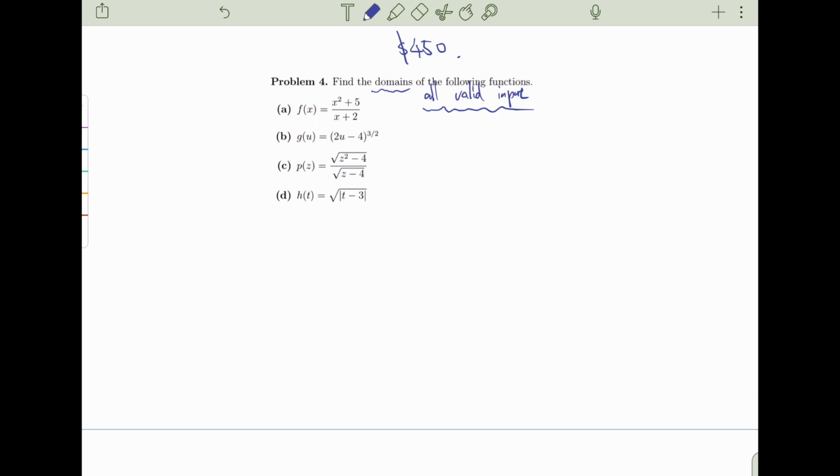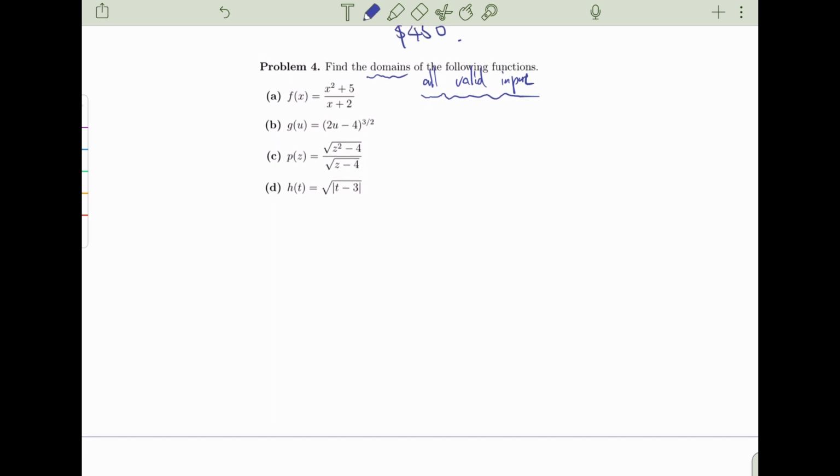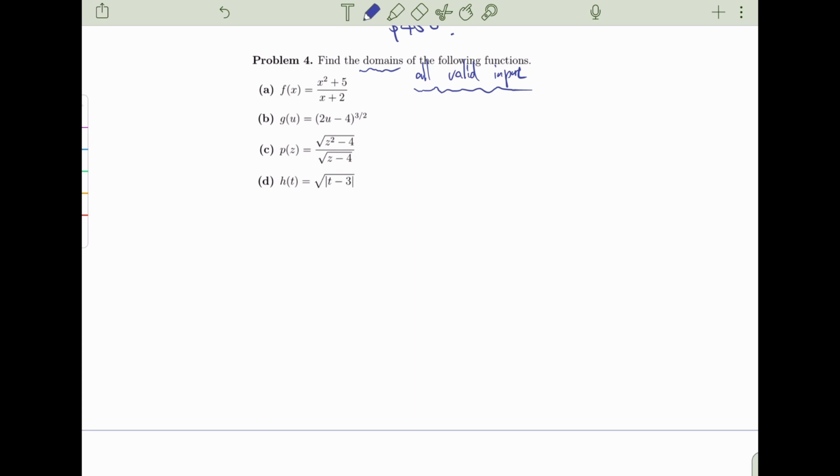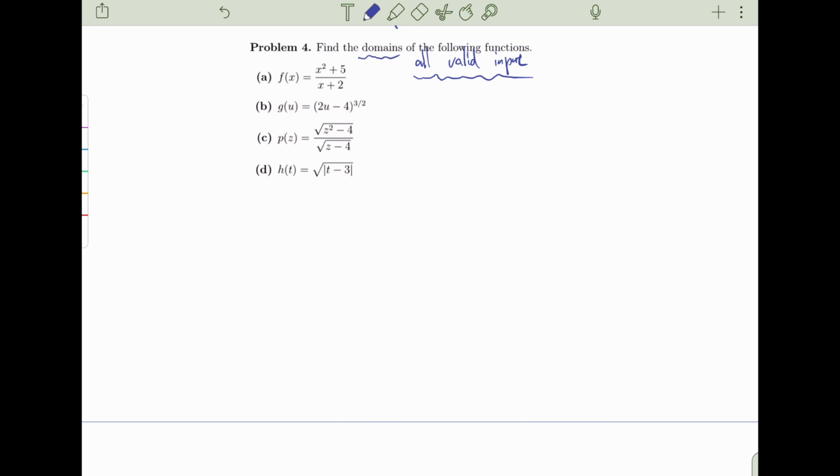Okay, so we need to eliminate those things to make our expression reasonable. So how do we work out the domain? It depends on the type of function that we're working on. For the first expression here, a, I have f of x equal to a rational function. So for a rational function, we know that the denominator is not allowed to be 0.